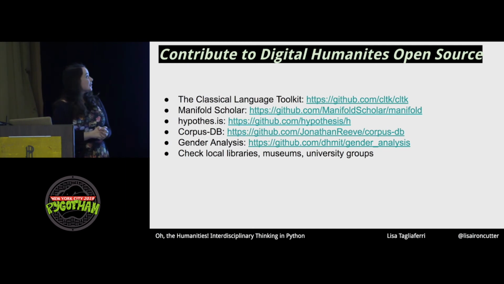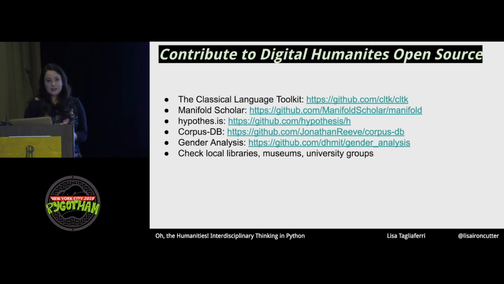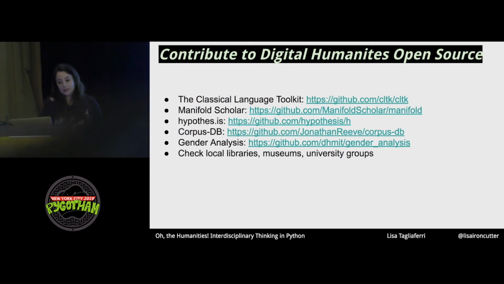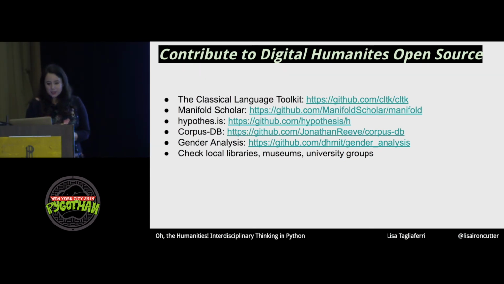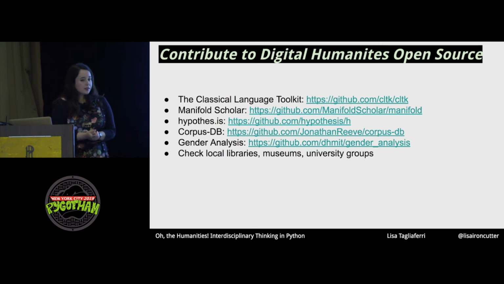There is the Classical Language Toolkit. It uses natural language processing to support languages of ancient classical and medieval Eurasia. Manifold Scholar is an open educational resource generator. It's a publishing platform that teachers can use to distribute text to students for free.